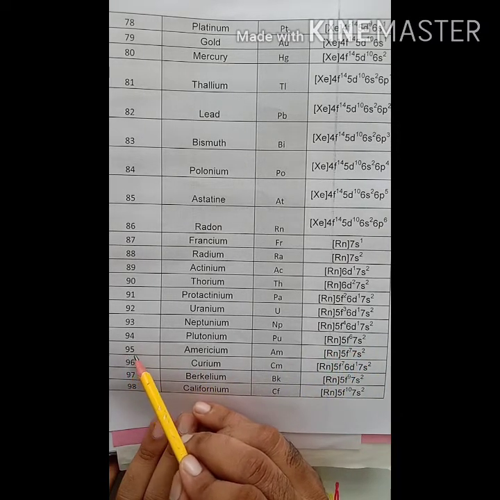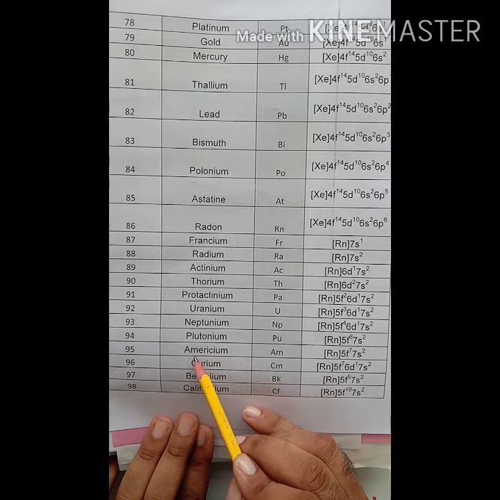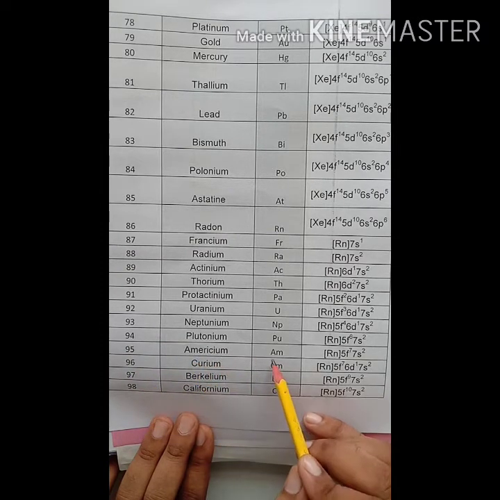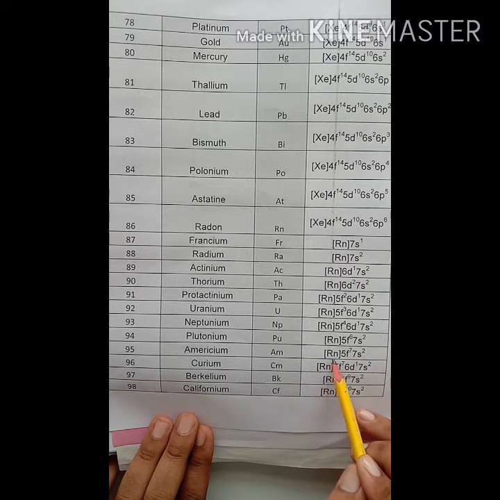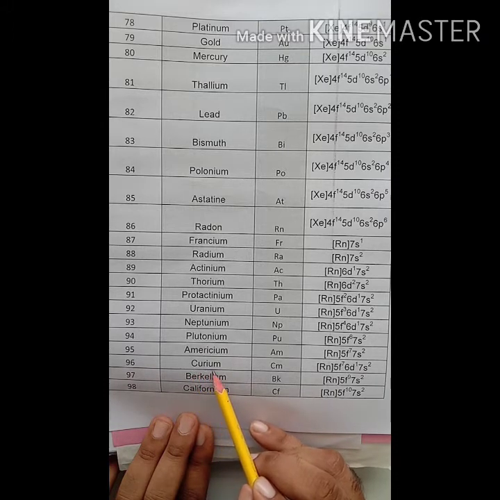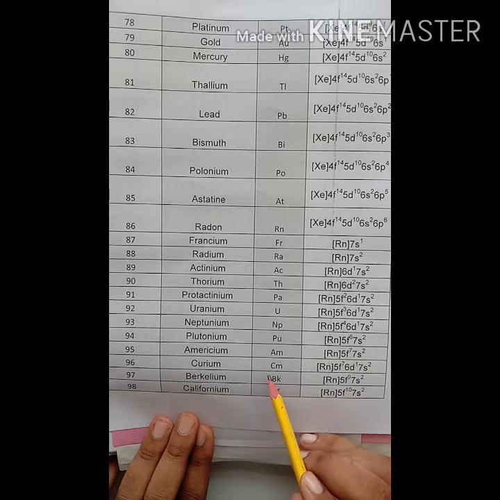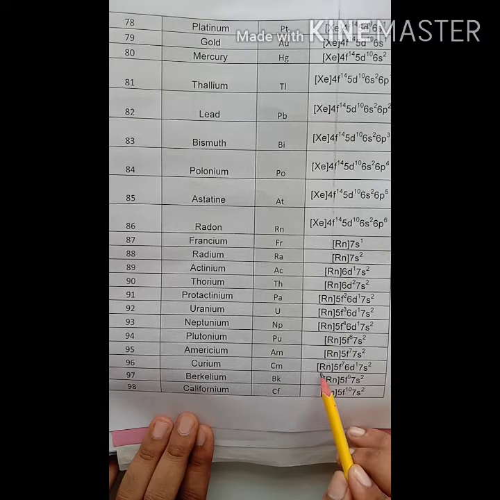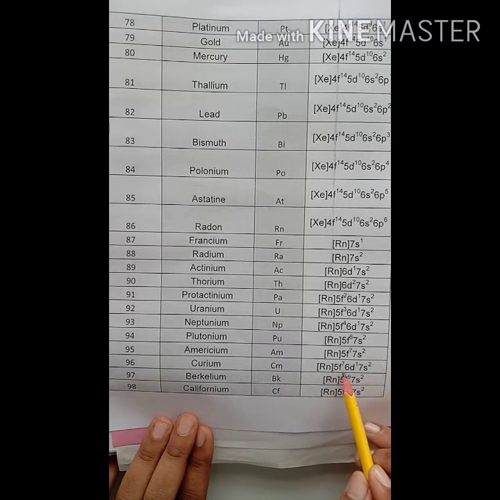The next atomic number is 95. Name of element is americium, symbol is Am. Electronic configuration is Rn, 5f7, 7s2. The next atomic number is 96. Name of element is curium, symbol is Cm. Electronic configuration is Rn, 5f7, 6d1, 7s2.